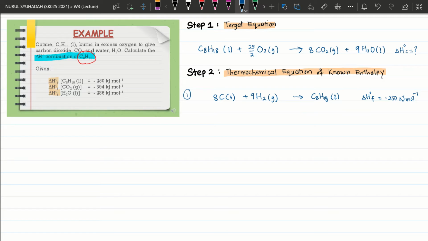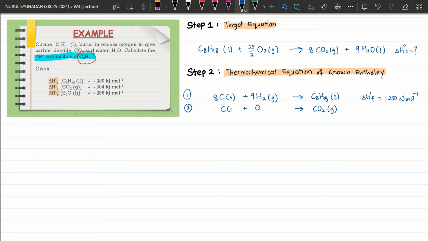Now let's try the second one. Same steps. Since we have 3 components here, you will have 3 thermochemical equations. Still the same, it's ΔH formation, so formation of 1 mole of carbon dioxide. Carbon dioxide is a gas, from its elements, carbon and oxygen at their most stable state.